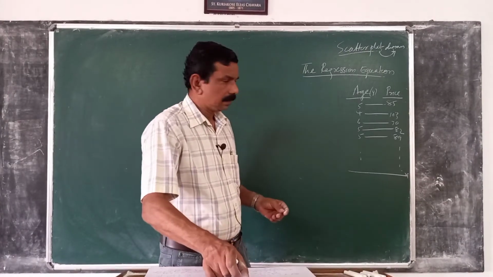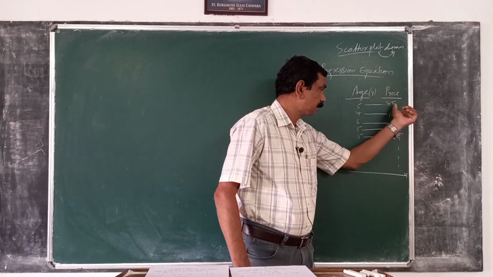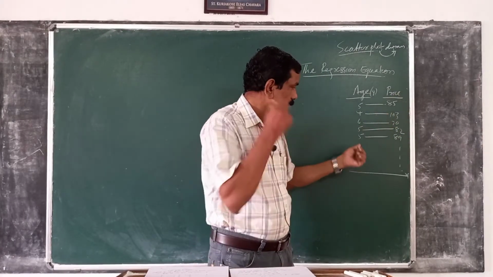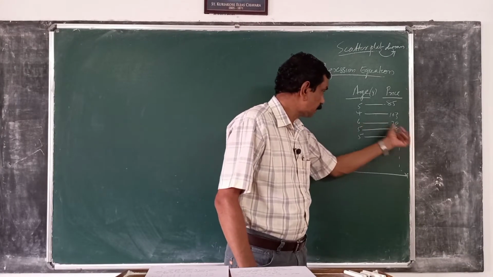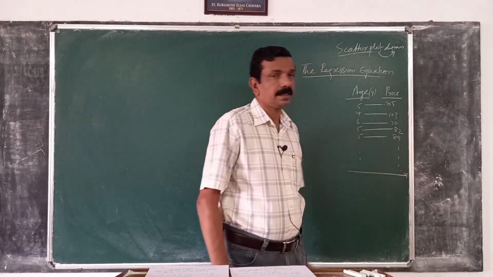Now as you can see, the first car, 5 years old, price is 85,000. Again, another car with the same 5 years, 82. 5 years, 89, and the like.